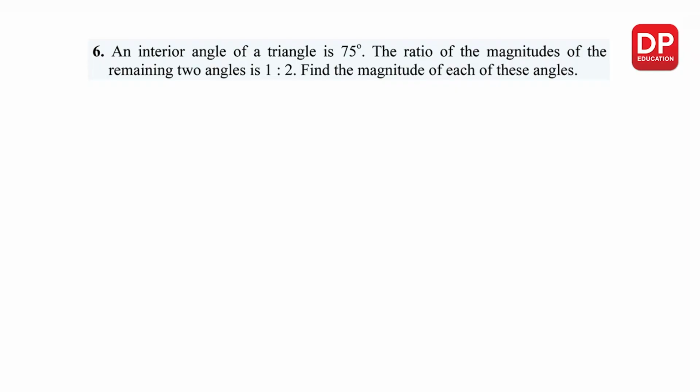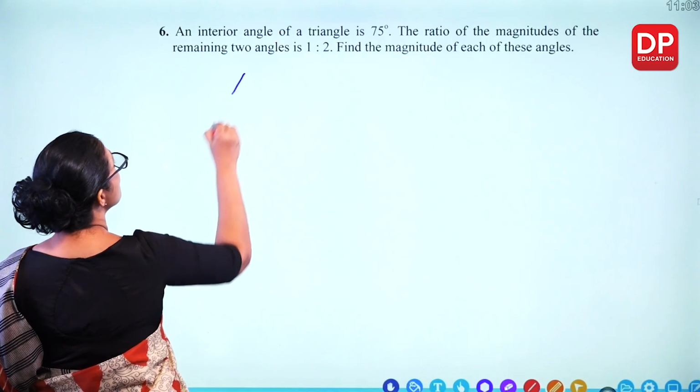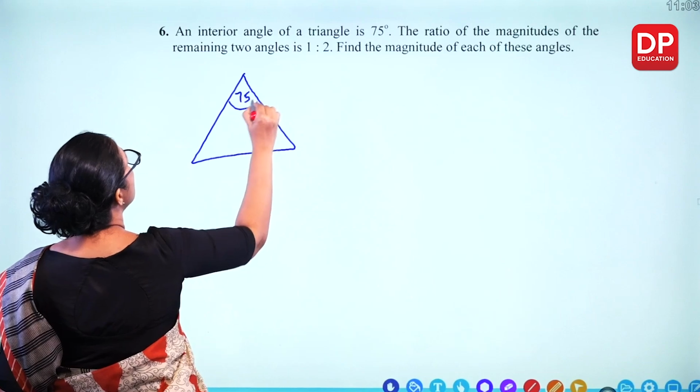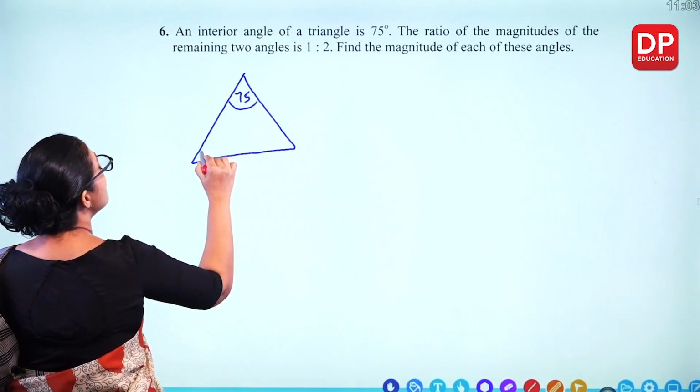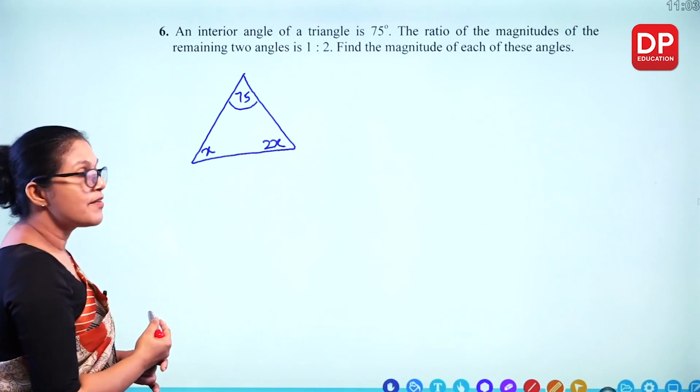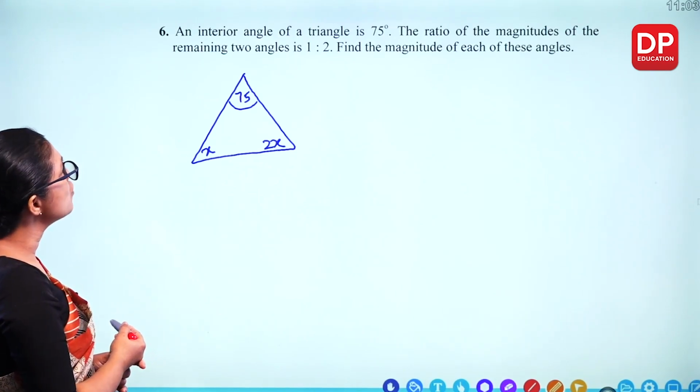Question number 6. An interior angle of a triangle is 75. The ratio of the magnitudes of the remaining two angles is 1 to 2 ratio. One is 75. The other is in the ratio x to 2x. I'll take the ratio in terms of x and 2x.